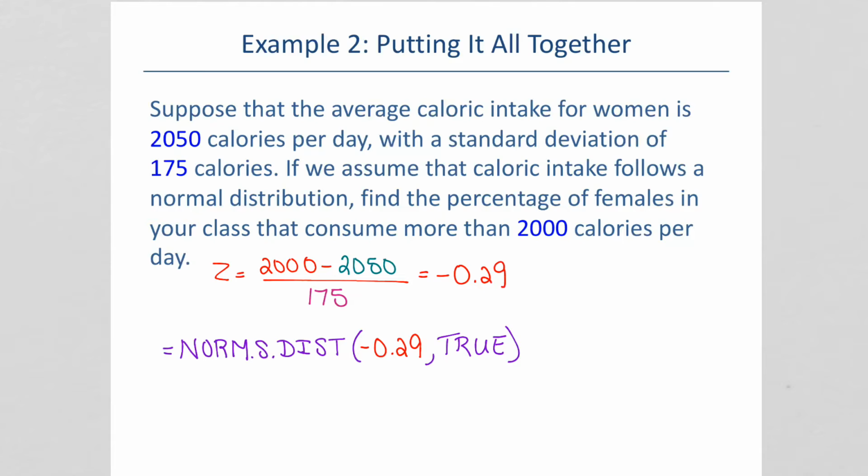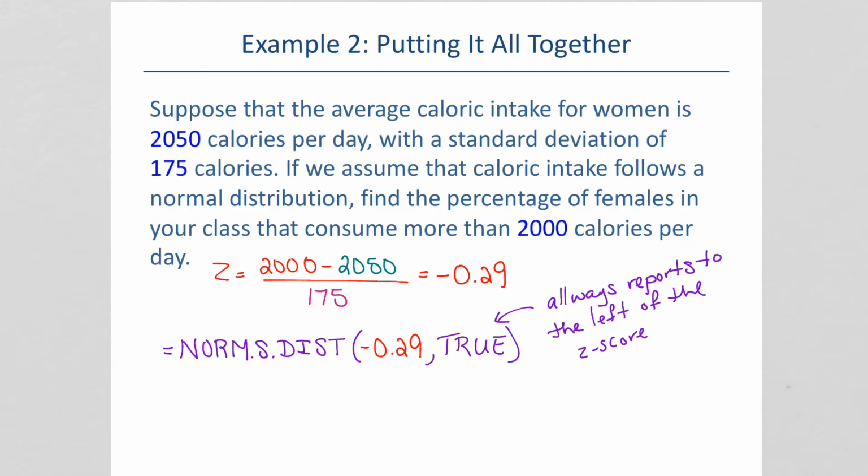Now, what does the true do? The true always, write this down, please, so you'll know, always reports to the left of the z-score. So it's going to report that the percentile we get is greater than everything else, okay?